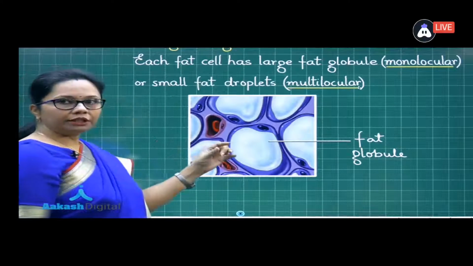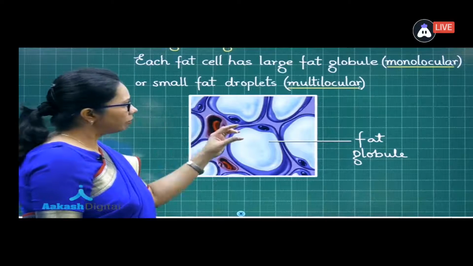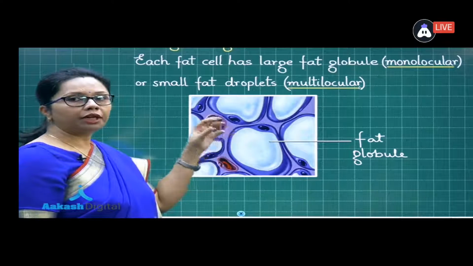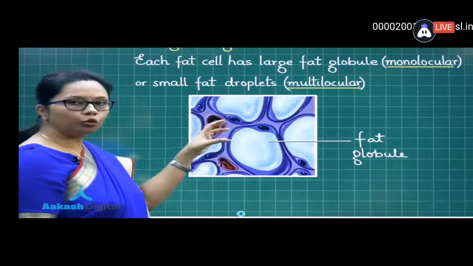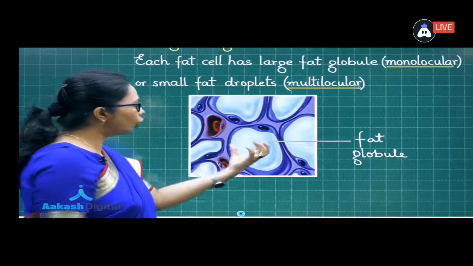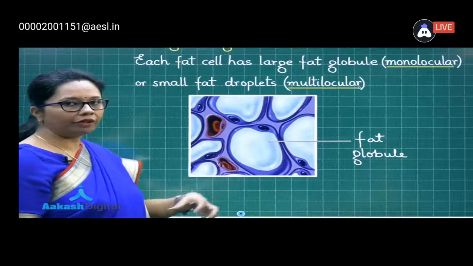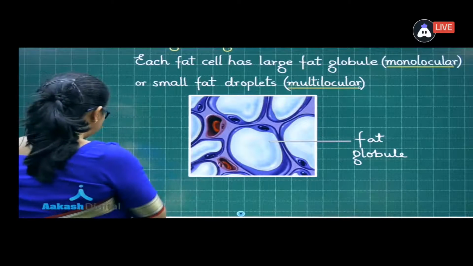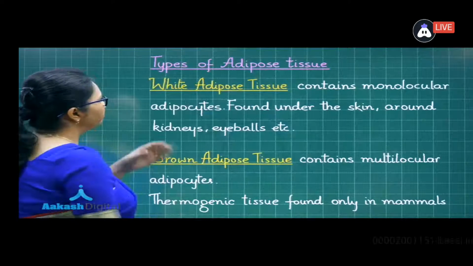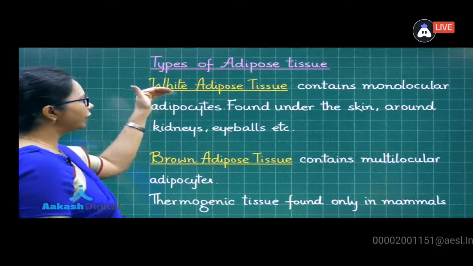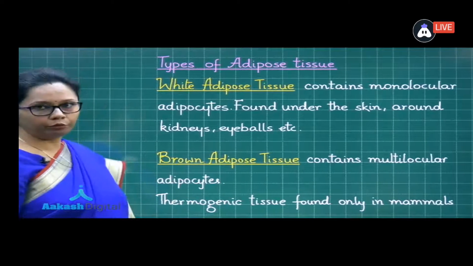On this basis, adipose tissue can be classified into two types, having monolocular adipocytes or multilocular adipocytes, and these are accordingly called white adipose tissue and brown adipose tissue.